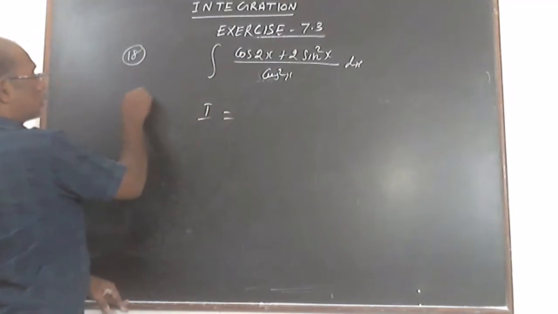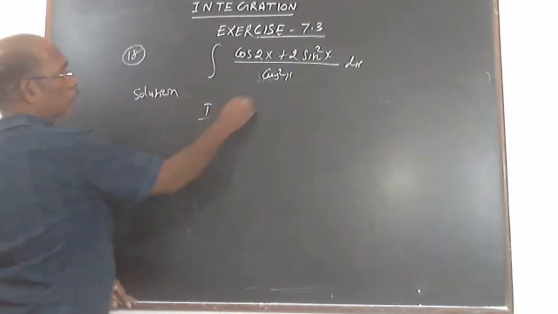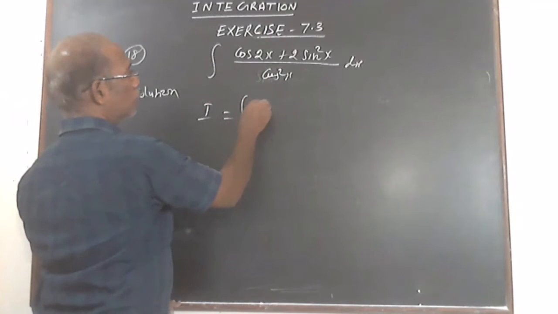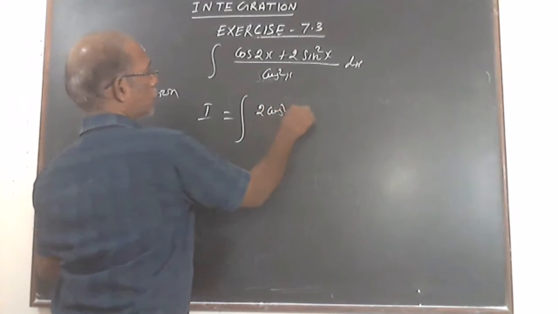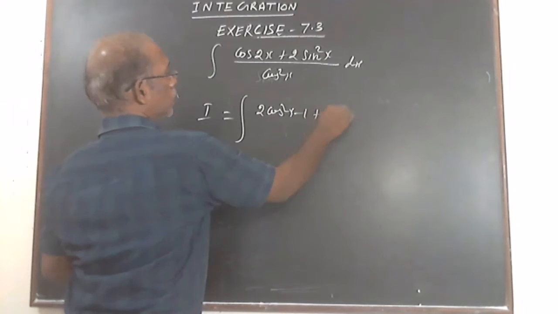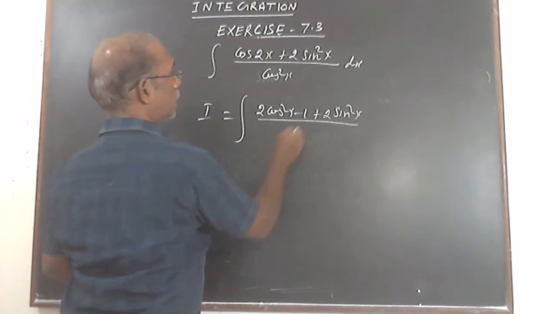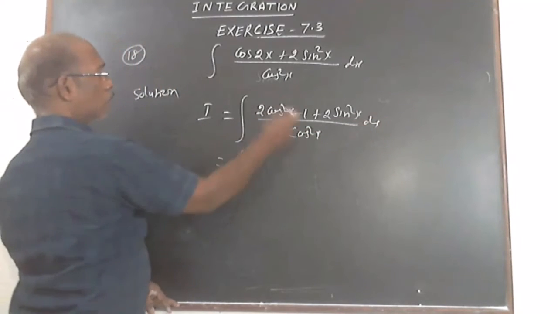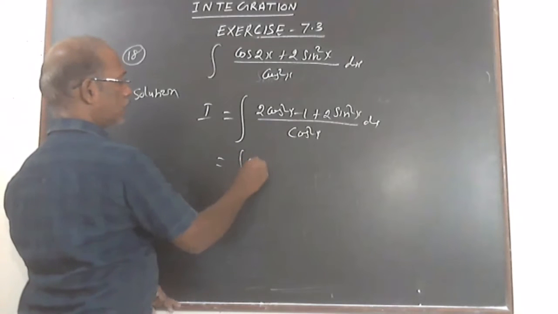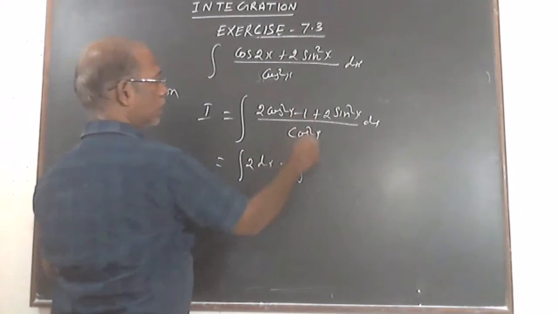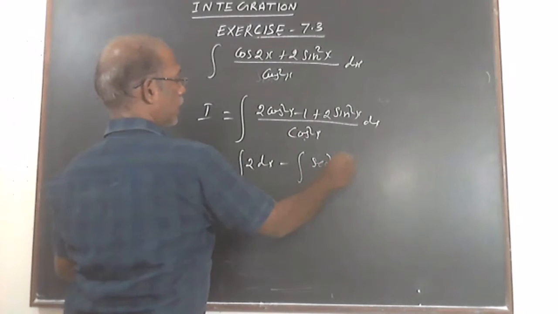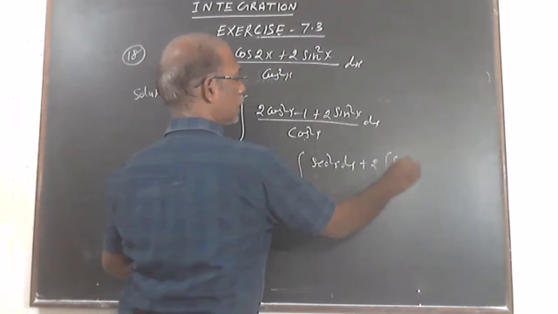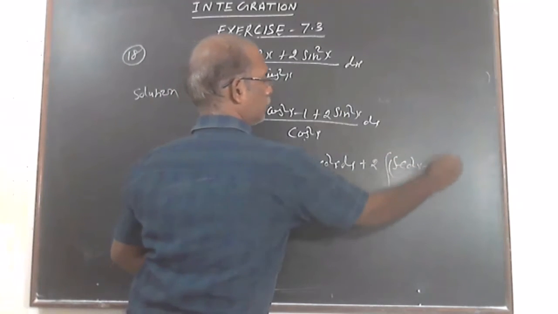Solution: I equals integral of cos 2x written as 2 cos square x minus 1, plus 2 sin square x, and the denominator cos square x dx. Then 2 cos square x by cos square x gives 2 dx, first term minus 1 by cos square x is secant square x dx, plus 2 tan square x, and tan square x is secant square x minus 1, dx. Correct?